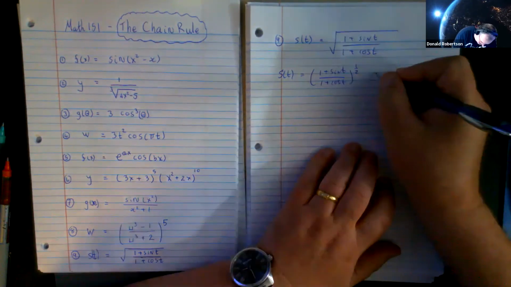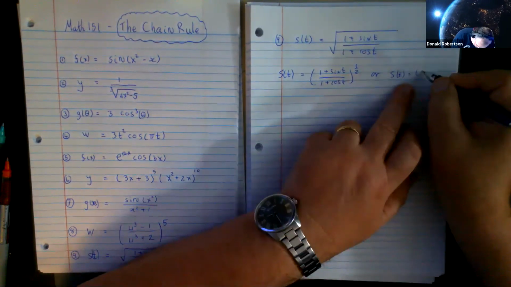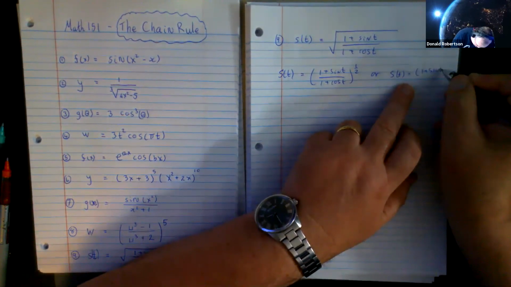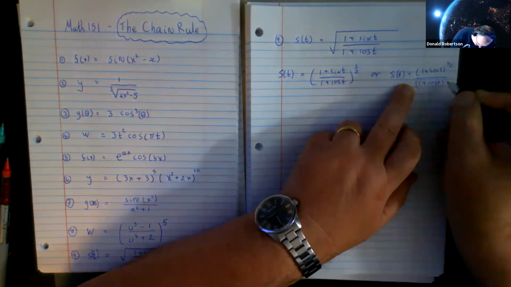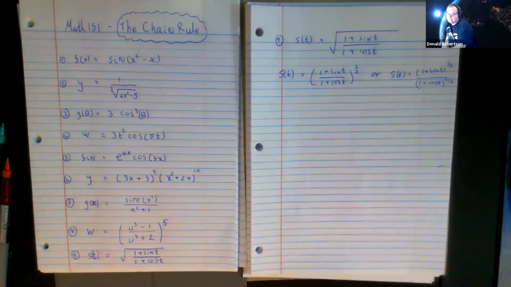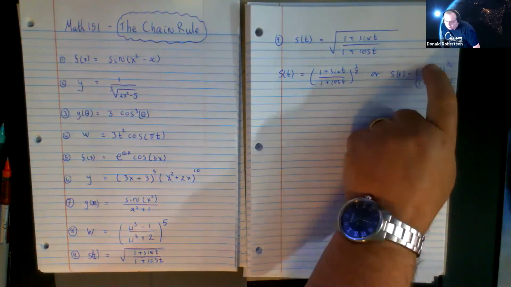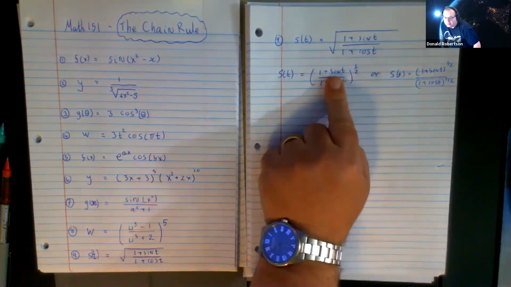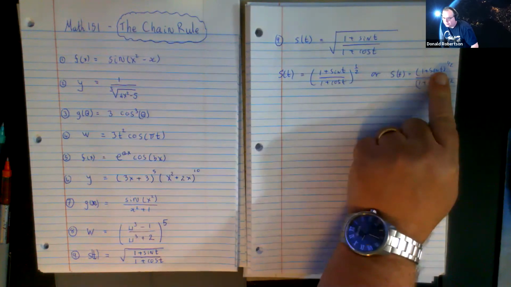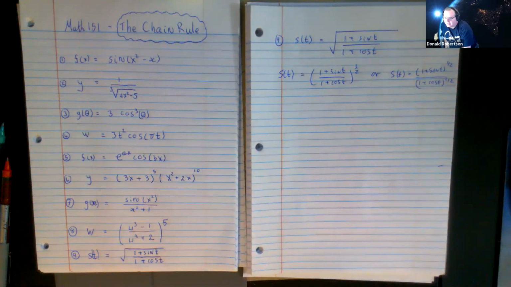Or I can think of it as that, right? Splitting the square roots and making them half powers. And if I think of it as that, isn't this a quotient rule with some chain rule there? So chain rule followed by quotient, quotient rule followed by chain rule. Do you see how it's two ways of looking at the same thing?